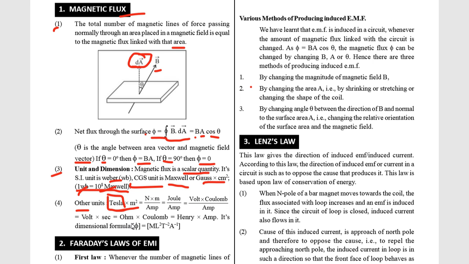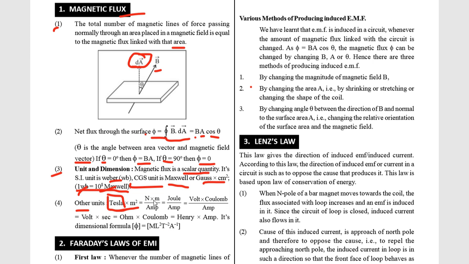Then volt can be written as ohm into coulomb or Henry into ampere. So these are the units of this magnetic flux. You can write the answers in any one format. Okay, you can choose any one according to your convenience.